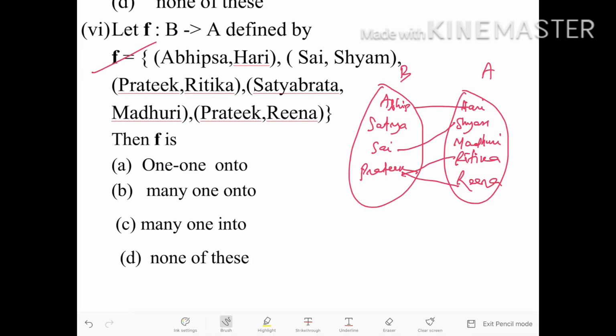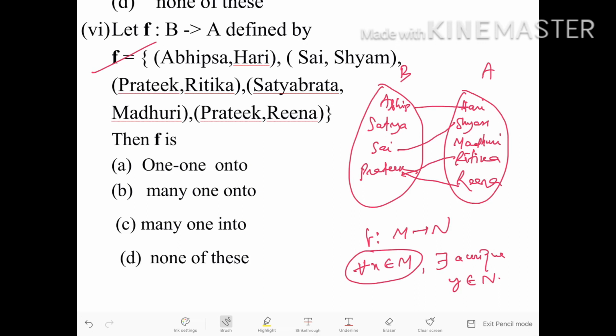So clearly from the definition of the function we know that f from M to N is said to be a function if for all x belongs to M, there exists a unique y belongs to N. So here all the elements of the set B are related with the elements of set A, means the first condition is satisfied.